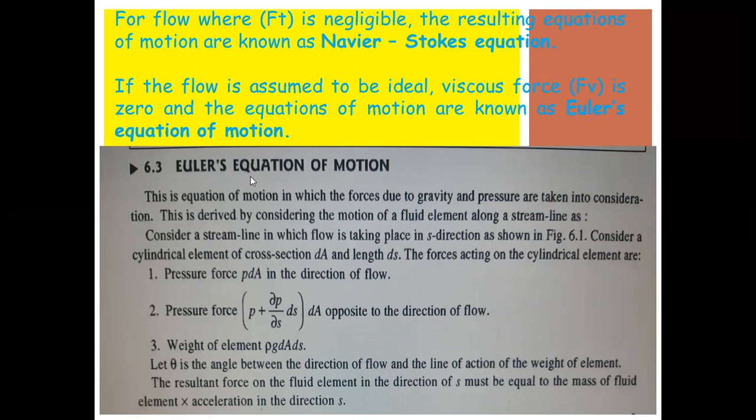Now we'll see in detail Euler's equation of motion. This is the equation of motion in which the forces due to gravity and pressure are taken into consideration. Here, in Euler's equation, viscous force Fv is 0 and Ft is 0.